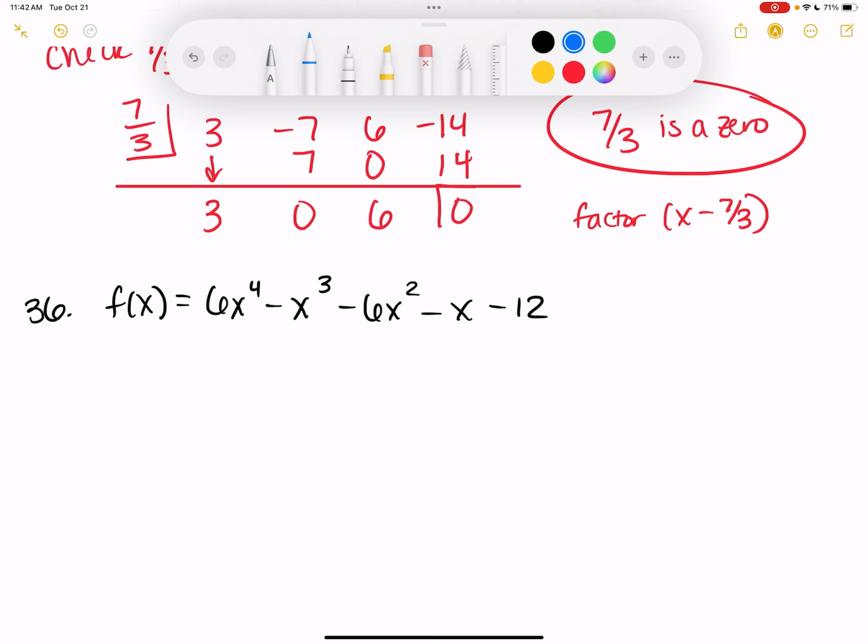So I've got factors of 12 over factors of 6. What are my factors of 12? 1, 2, 3, 4, 6, 12. And then what about 6? 1, 2, 3, 6.